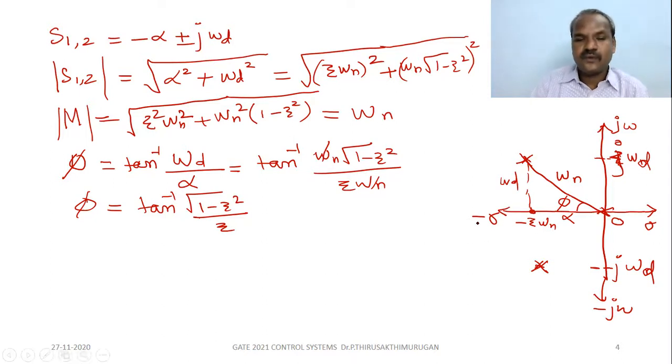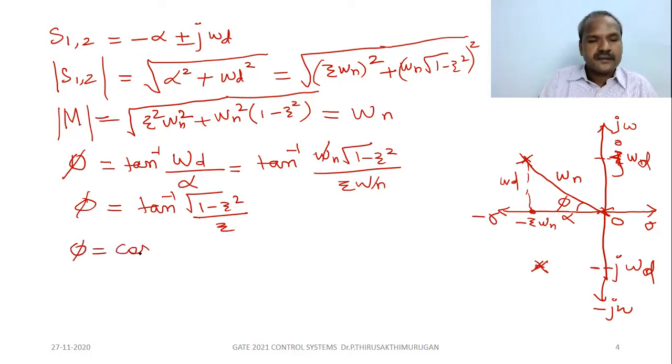If you want to express this angle in terms of sine and cos, that is also possible. So what is the sine and cos? The cos phi is also equal to cos inverse of zeta. Similarly, cos theta is adjacent by hypotenuse.